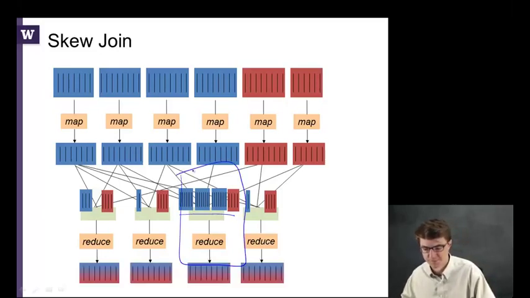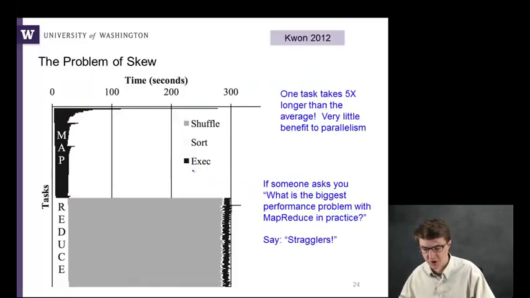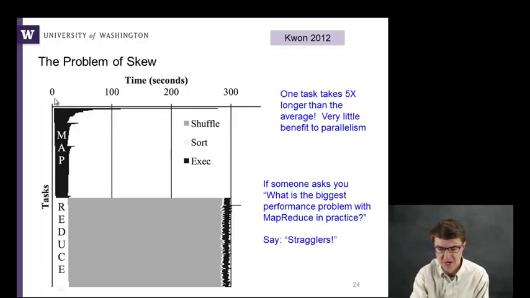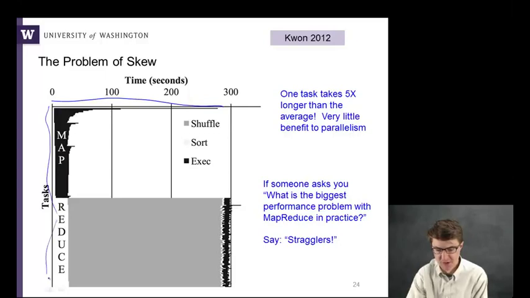Okay. So this would work, but there's a problem. This is from a former student here at UW who did some work on this problem. This plot shows time in seconds on the x-axis, and this is just a list of all the tasks.